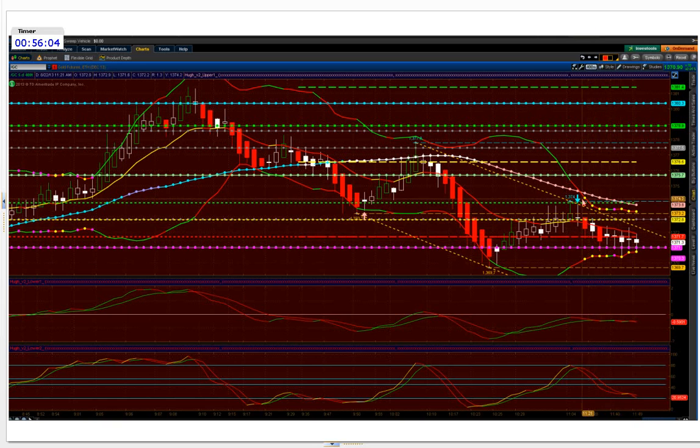And when we're in a squeeze, the other great thing about this system is when you're in a volatility compression squeeze, you don't want to trade, because if you're trying to trade this, you're just trading for the broker. Okay? You're giving up bid ask, and you're not making any money.